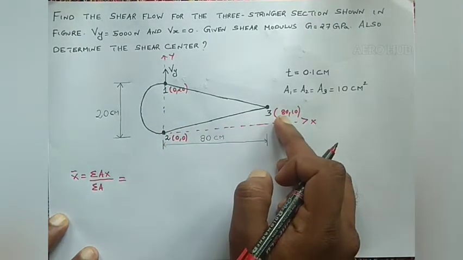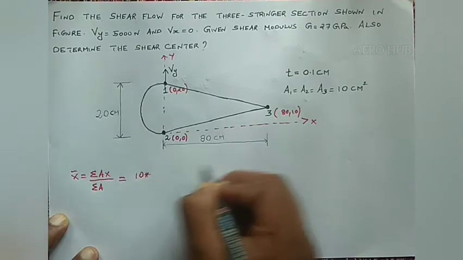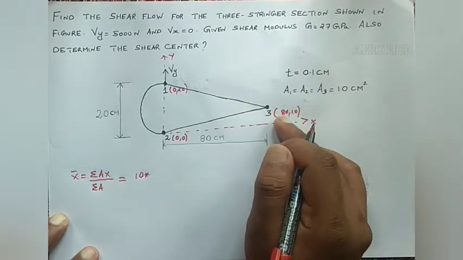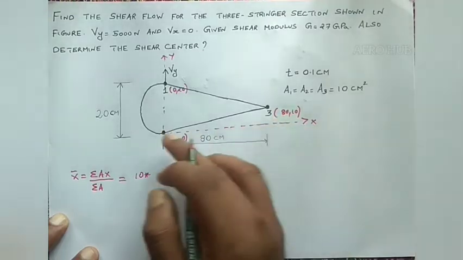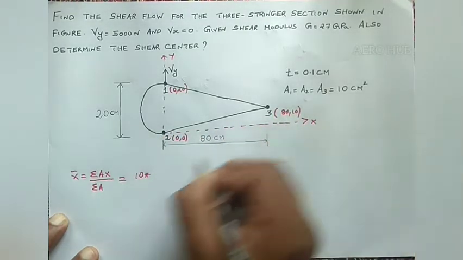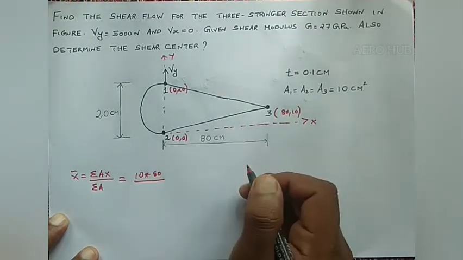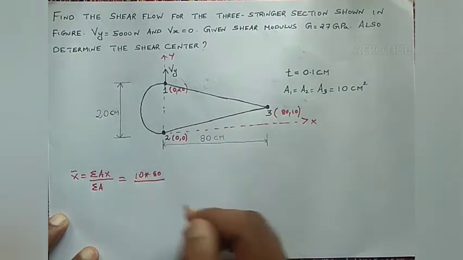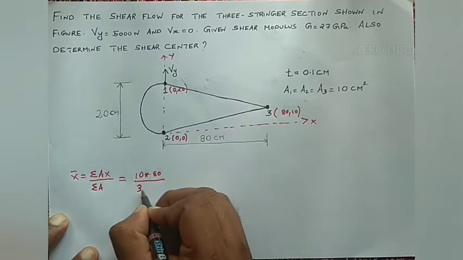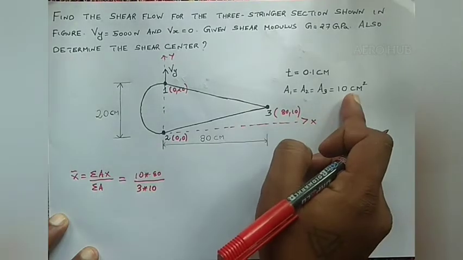For point 3, the boom area is 10 and the x value, as we already found out, is with respect to the reference axis, that will be 80, divided by the summation of areas. We are only considering the boom areas. We have 3 boom areas of equal area of 10 centimeter square as given in the question.